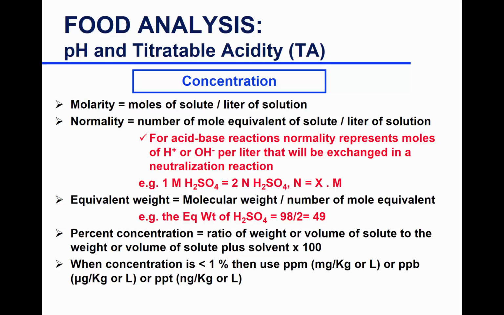It's the molecular weight divided by the number of mole equivalents. So citric acid has 3, so you divide the molecular weight by 3, and you get the equivalent weight of citric acid. Acetic acid is 1, so the equivalent weight of acetic acid equals the molecular weight of acetic acid. So if we're determining titratable acidity, it's very important to know the number of mole equivalents, otherwise our calculations will be wrong.